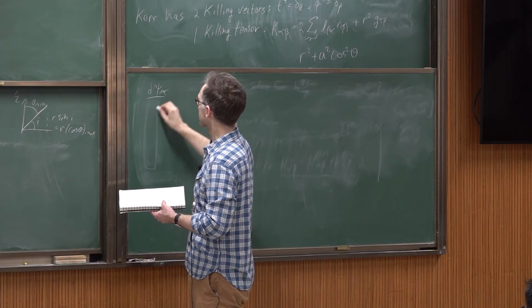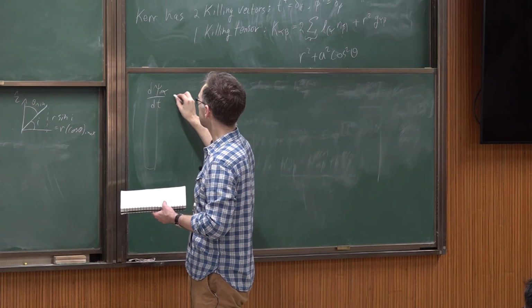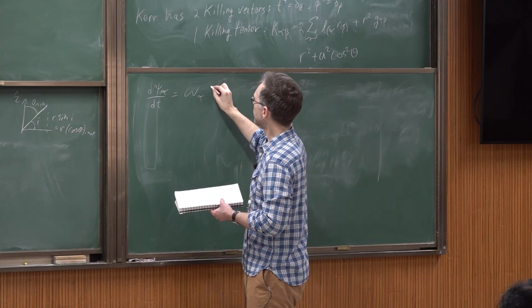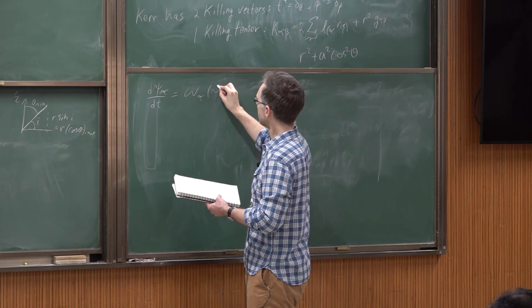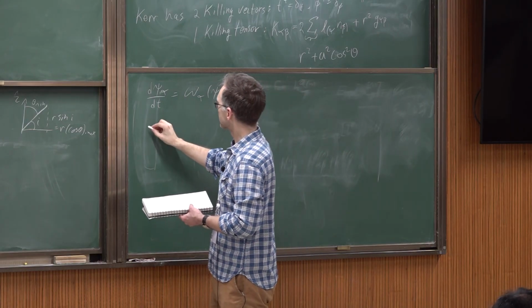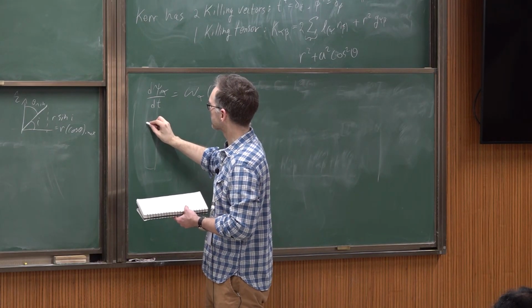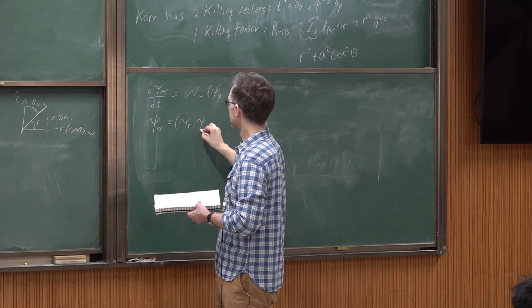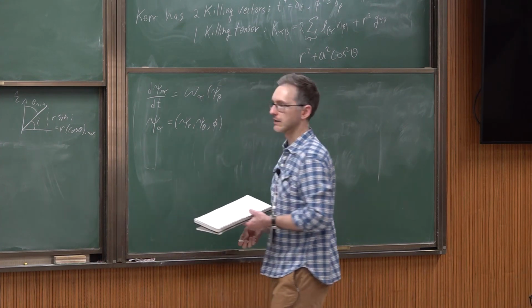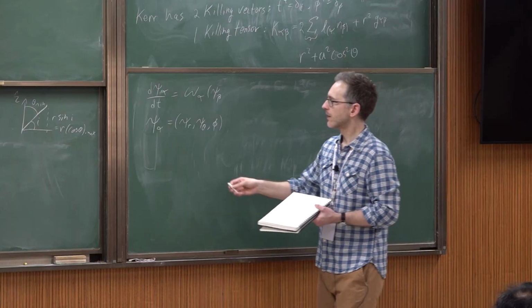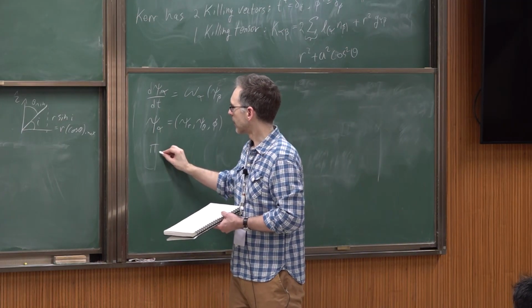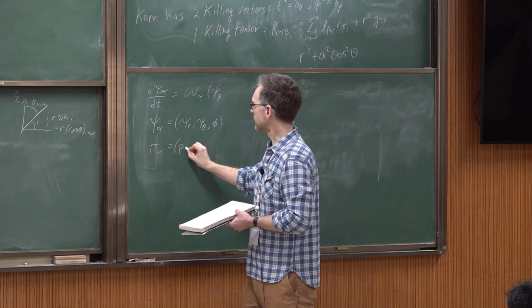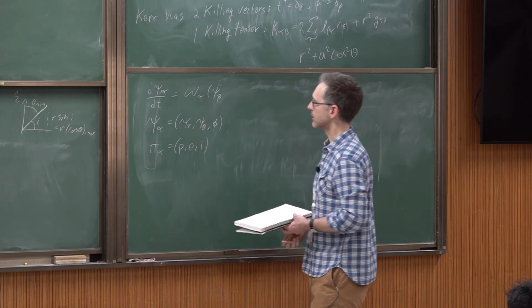Let me write them as just a single equation. D psi alpha dt is some function I'll call omega alpha. That's a function of the psi betas. Let me also introduce two things. I introduce psi alpha, that is psi r, psi theta, and just phi itself. And I'm going to combine all of my other parameters into something called pi alpha, which is p, e, and the maximum inclination angle.